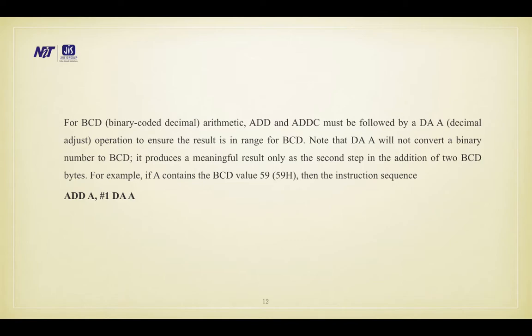It produces a meaningful result only as a second step in the addition of two BCD bytes. For example, if A contains the number BCD 59, that is 59H, then the instruction sequence is ADD A, #1, DAA.